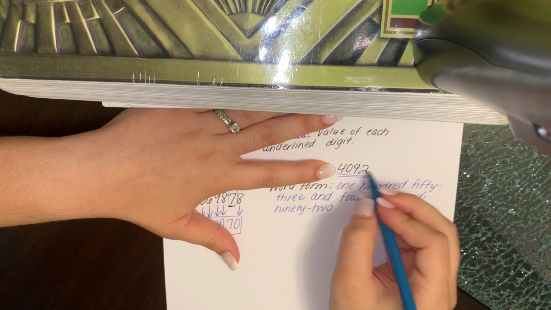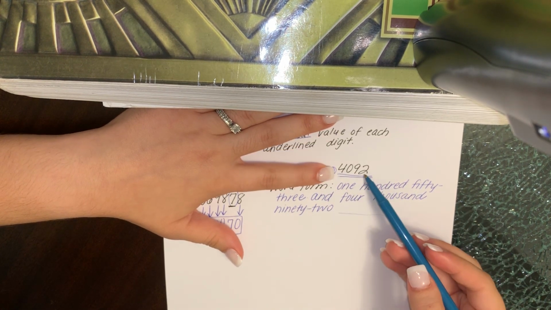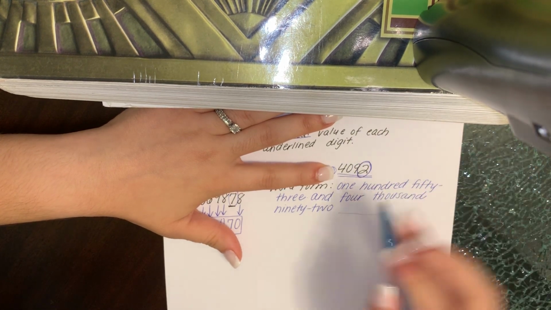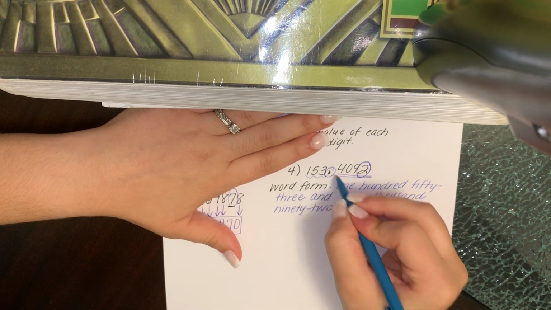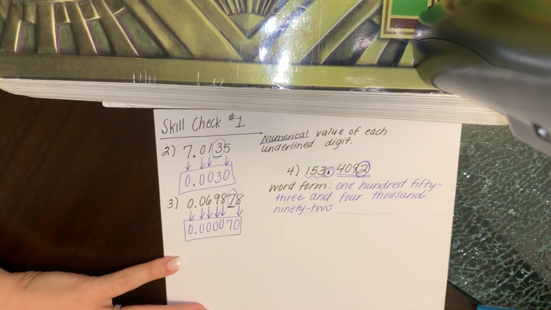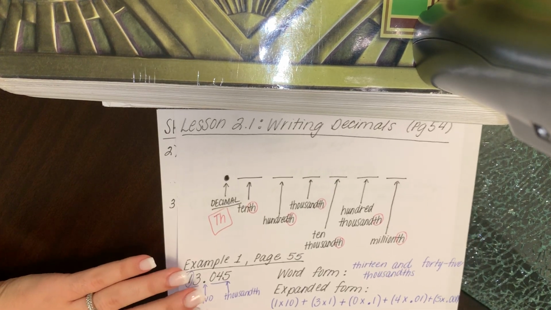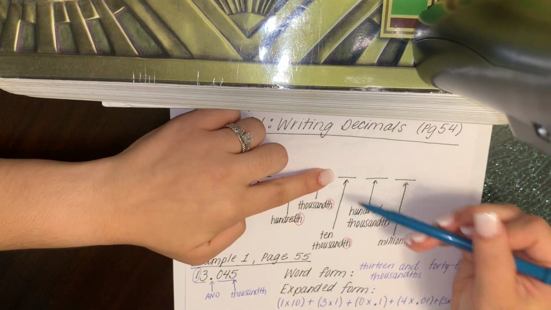However, because this is behind the decimal, my last part needs to be the place value, and we look at the very last number. So this is about 1, 2, 3, 4 numbers behind the decimal. Let's go back here and see what place value is 4 numbers behind the decimal. So ready? 1, 2, 3, 4. Let's see what that's called.